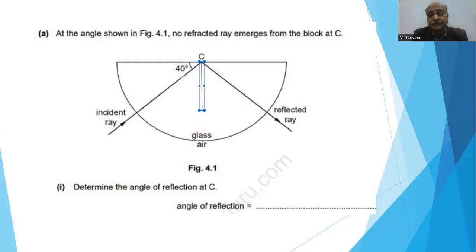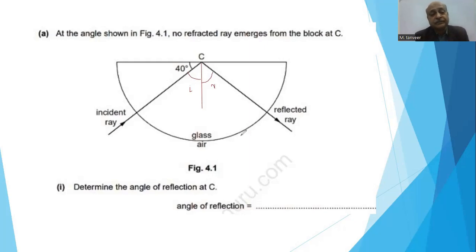This is your angle of incidence, since this is the incident ray, and this will be your angle of reflection. So these are the two angles.